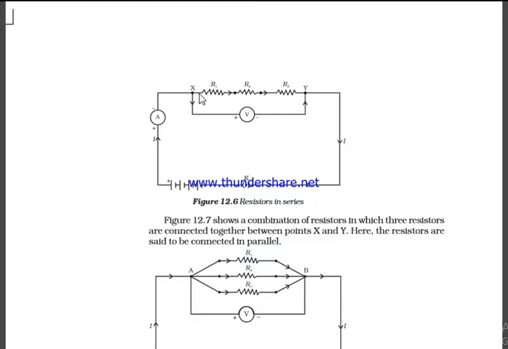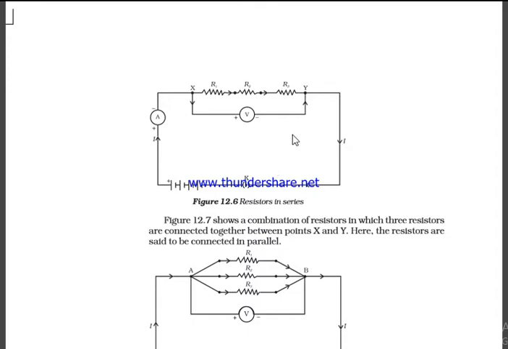So electrons have to pass through this resistor, and then R2 and then R3, and at last the circuit gets completed. In such a way, in a series combination, the amount of current flowing in the circuit will remain the same.